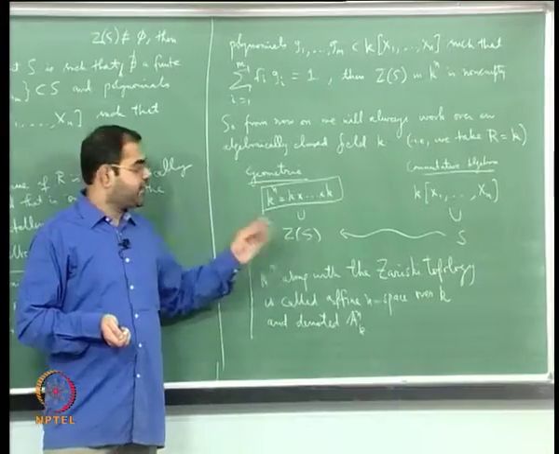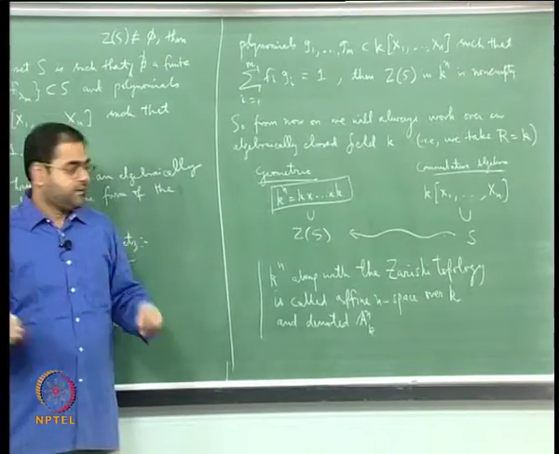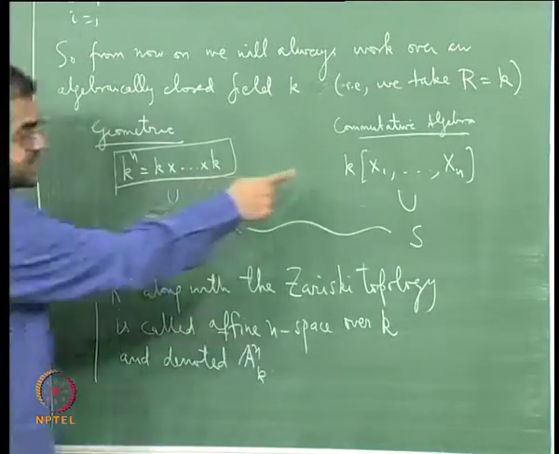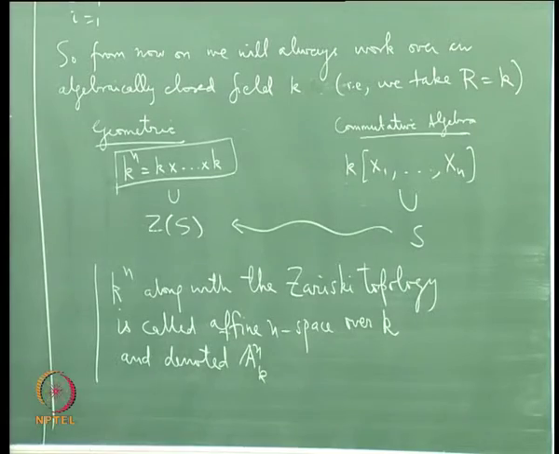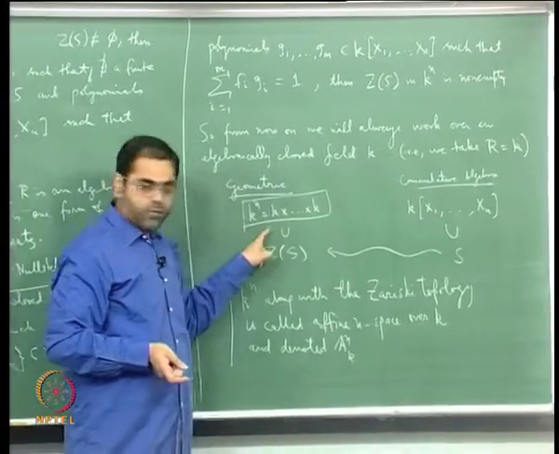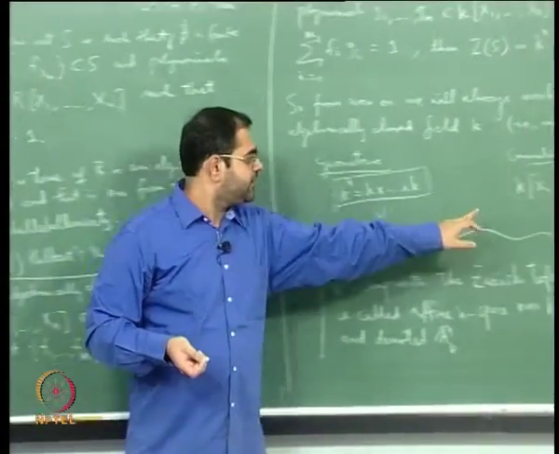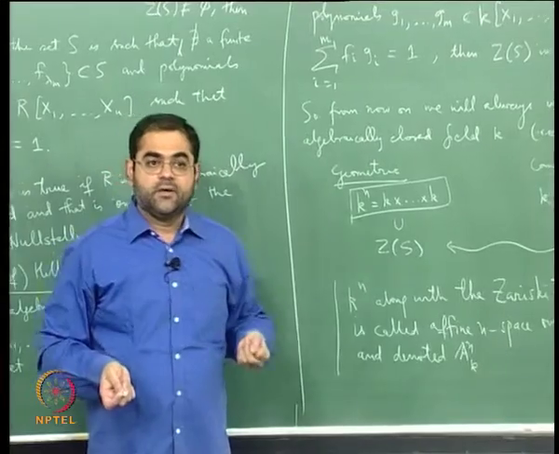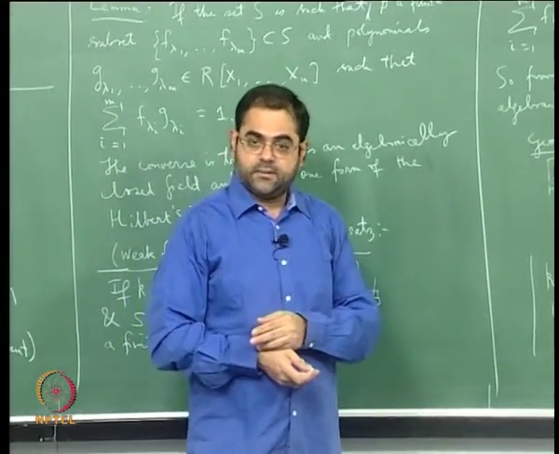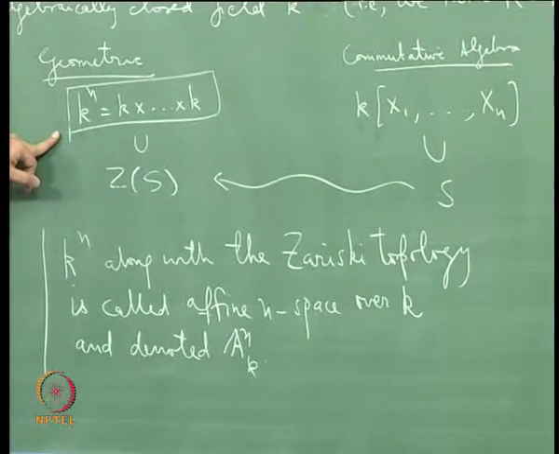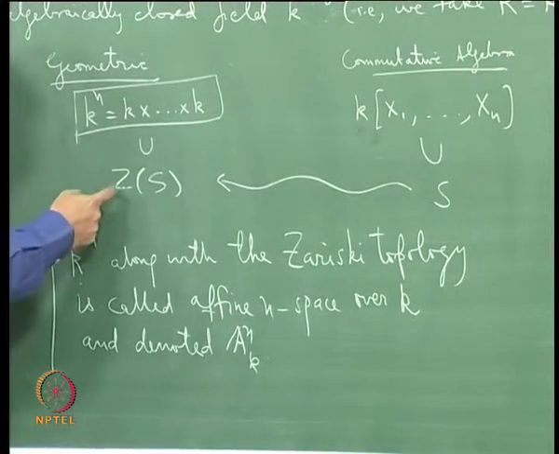functions of this type. So you see the idea is the following: you look at this space, Kn, and think of these as functions on Kn. Of course you take any polynomial here and you take a point here. If you evaluate the polynomial at that point, you get a value. So certainly the elements here, which are polynomials, are functions on this space, and what you do is you call a subset here closed if it is the zero locus, the common zero locus of a bunch of polynomial functions, which is exactly what this is, okay.